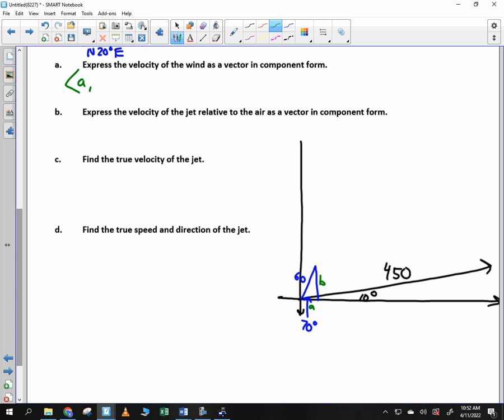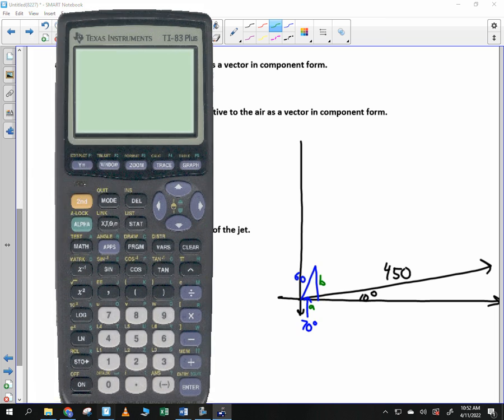So I have A, B. How is it again that I find A? 60 times cosine of 70, and the B would be 60 times sine of 70. That's the most complicated part of this problem, I think. Okay? Really, the rest is quite simple. You good with that?